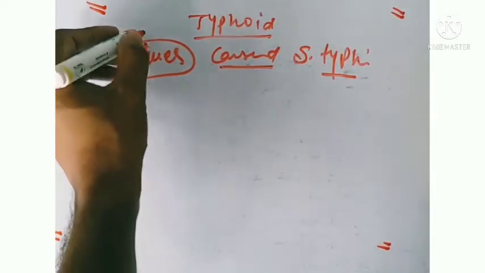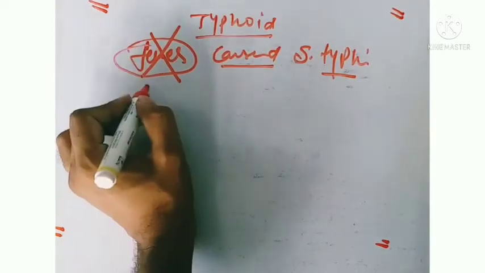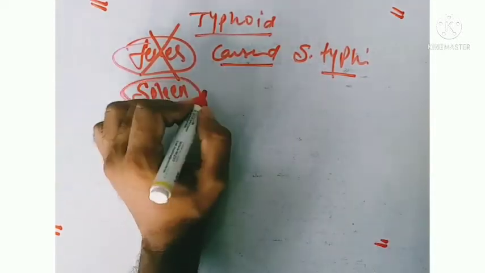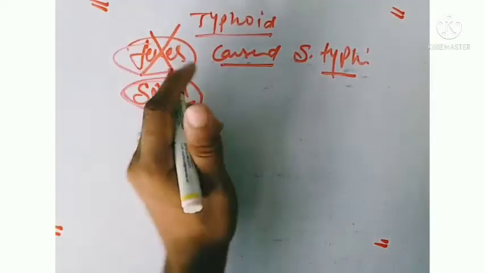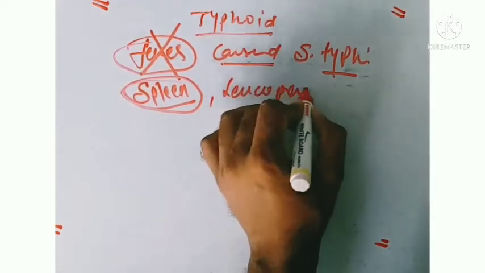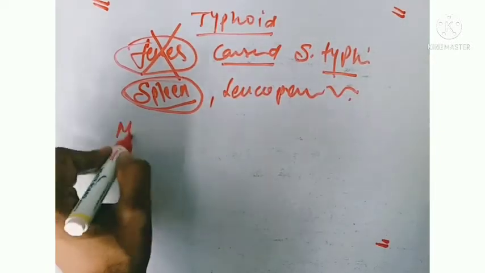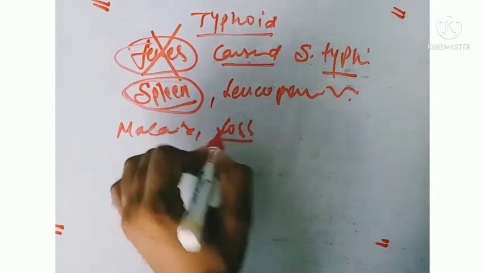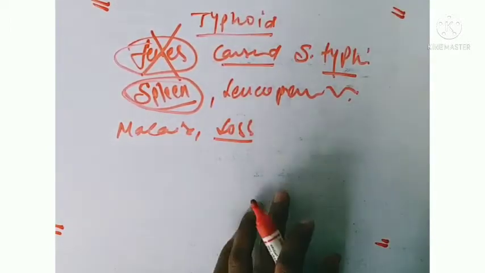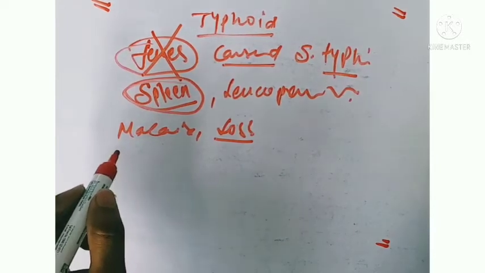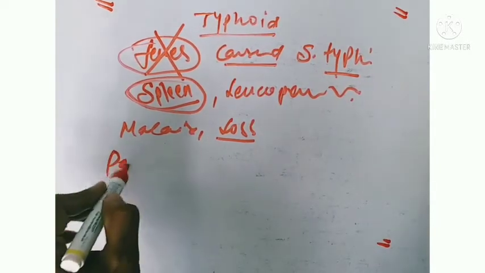In the typhoid, the fever, splenomegaly, spleen का enlargement, on palpation you will find that there is a spleen, leukopenia, malaise and loss of appetite. भूख नहीं लगना. There can be this type of symptom that will appear in the case of typhoid patient.